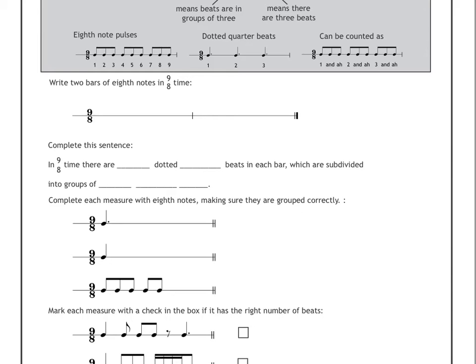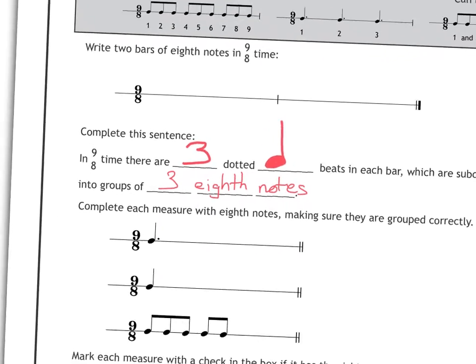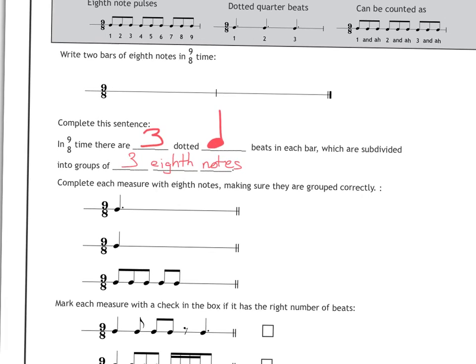In 9/8 time, there are 3 dotted quarter note beats in each bar, which are subdivided into groups of 3 eighth notes each. So groupings of 3, which is why it's compound, and 3 of them, which makes it triple time.